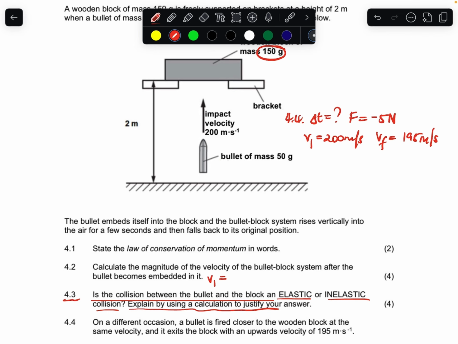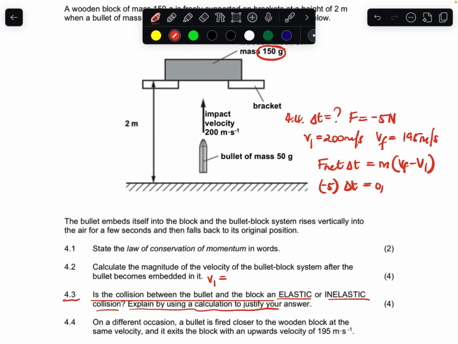So we're going to use the impulse momentum theorem. F net times change in t is equal to the change in momentum. Instead of that, I can say mass times V final minus V initial, right? Then we substitute. The force is -5. We want the time, and the mass we use is the bullet's, right?